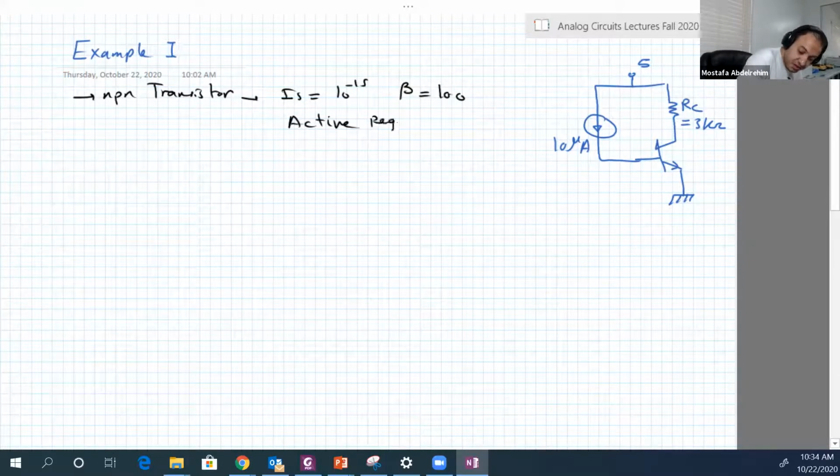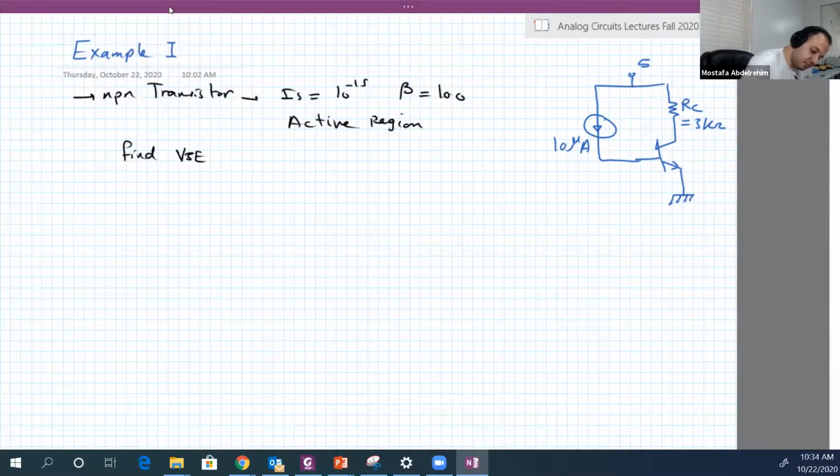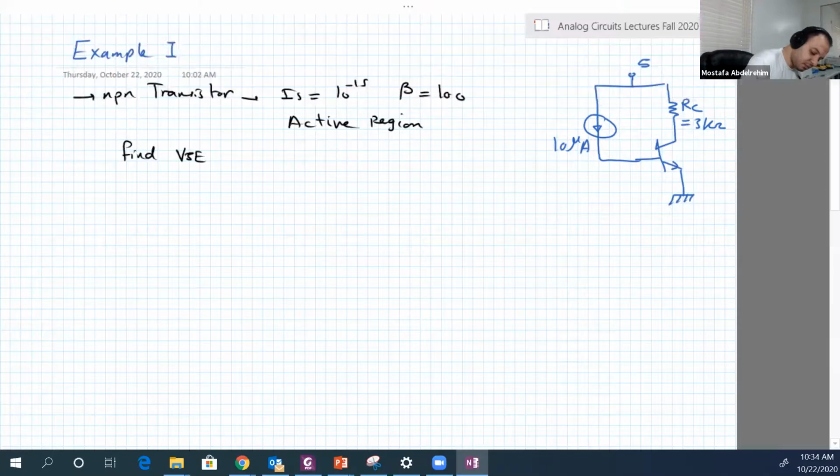This is one of the givens. It says find VBE and VC. So VBE is unknown and VCE is unknown.